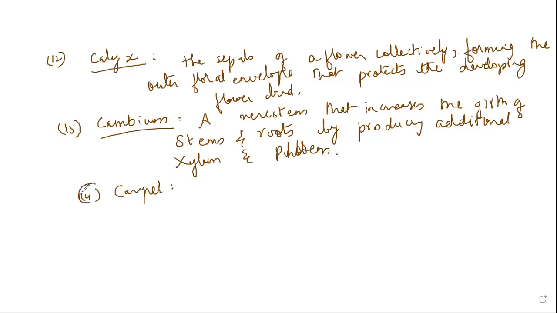Now next, carpel. What is carpel? The female reproductive organ of flowering plants consisting of ovary, style, which is sometimes absent, and stigma. The carpels are separate or fused to form a single pistil. What is the carpel? It is a female reproductive organ of a flowering plant.